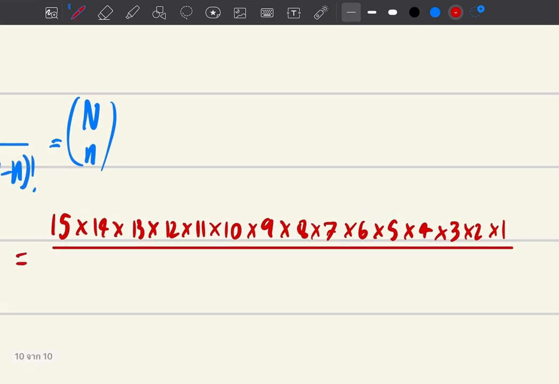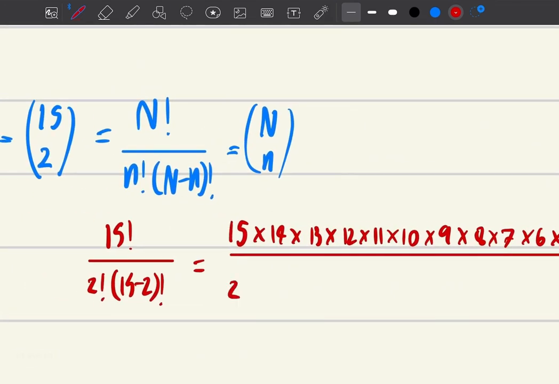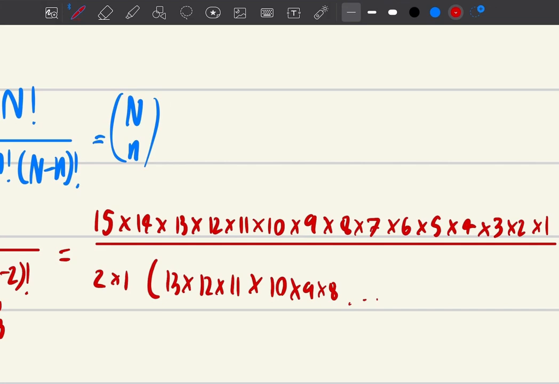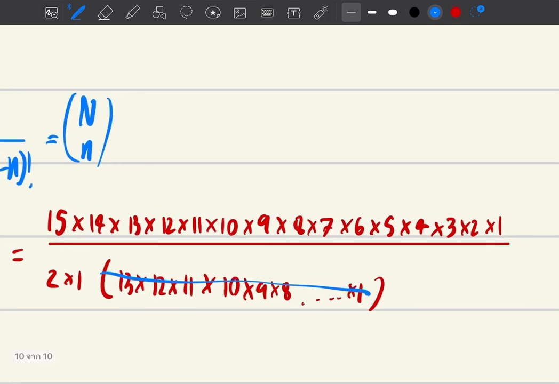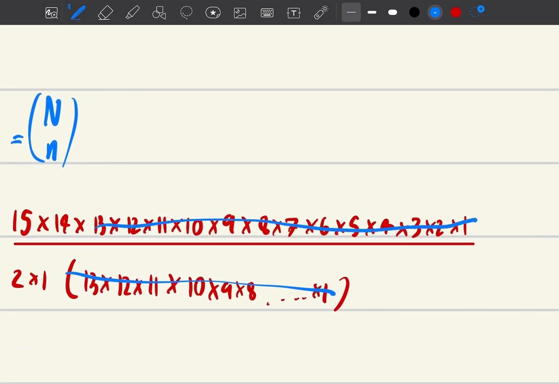Divided by 2 factorial, which is 2 times 1, multiplied by 13 factorial. This one is 13, so it's 13 times 12 times 11 times 10 times 9 times 8 down to 1. We use basic mathematics: we can eliminate here and here, because 13, 13, 12, 12, 11, 11, 10, 10, 9, 9, 8, 8 until 1.